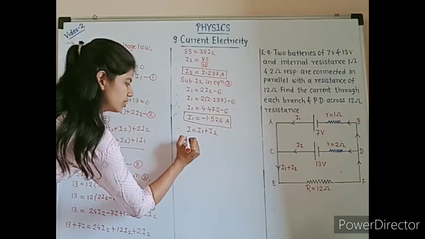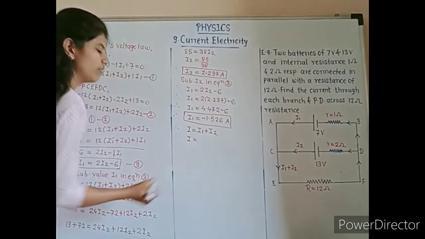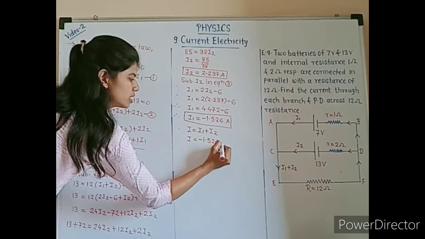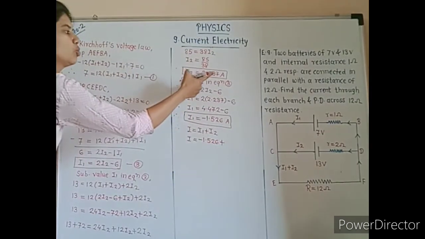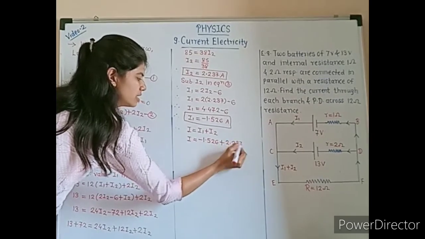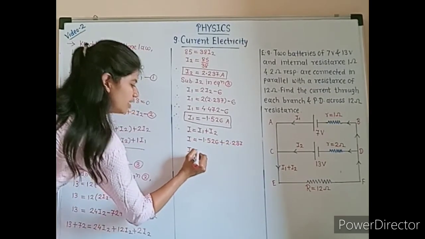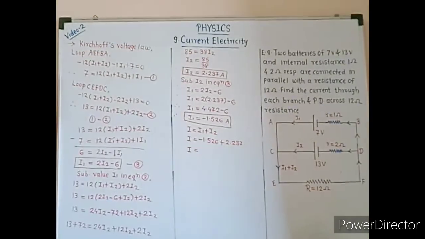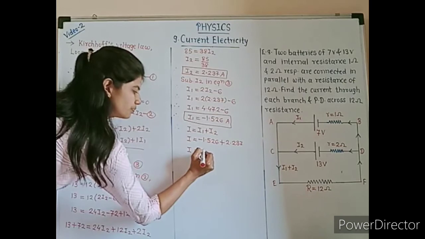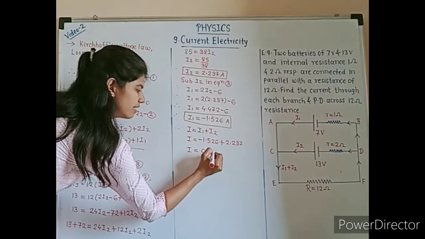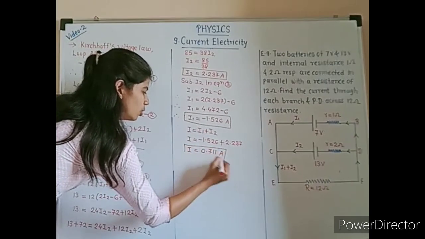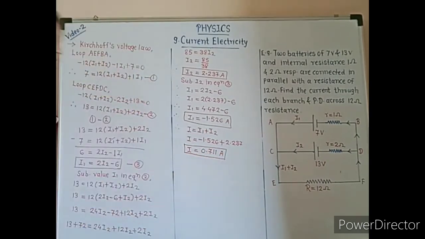Hence I is equal to minus 1.526 plus 2.237. So we get 0.711 ampere. This is the total current flowing through the circuit.